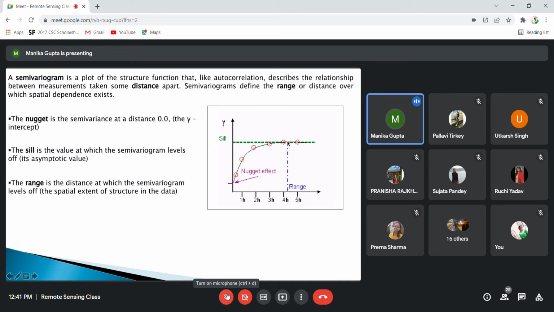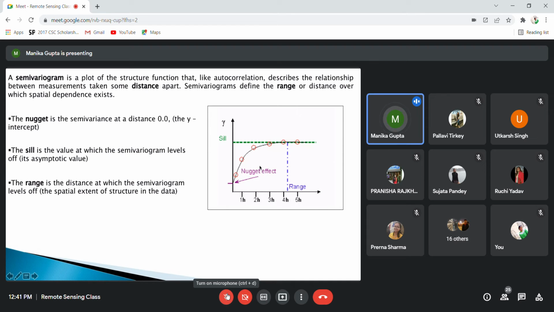Where it levels off, this point is called your range. And where it intercepts at y, it is called the sill. And this is the nugget effect. Nugget effect is, it should actually start at 0, but it's not intercepting at 0 and it's a little higher. So this is your nugget.